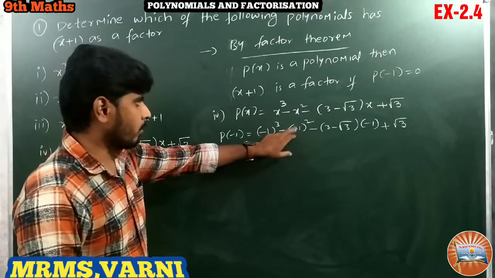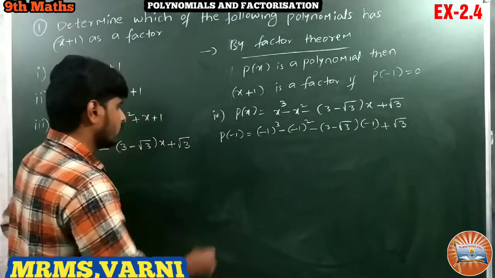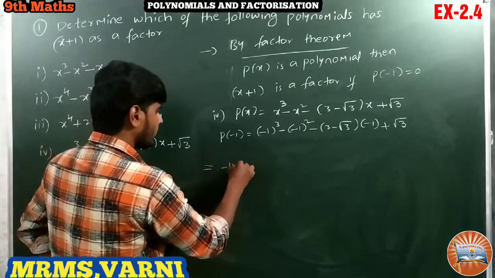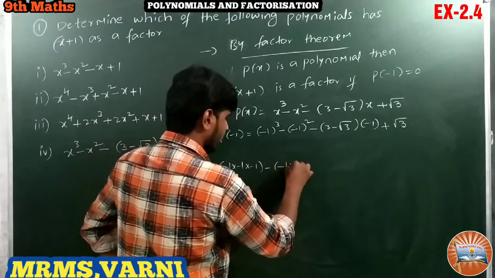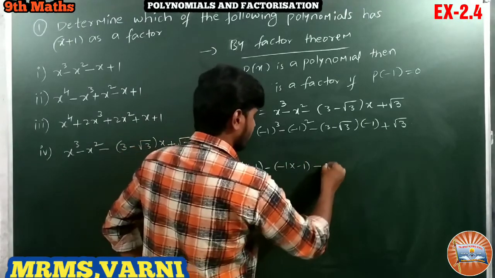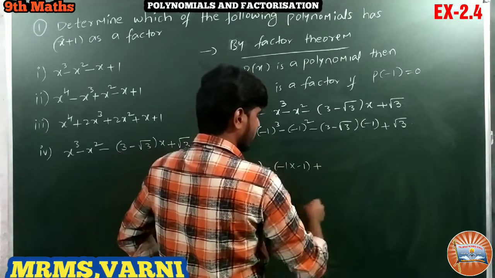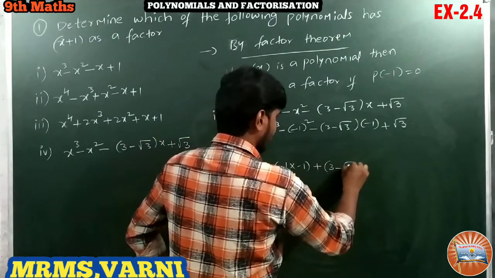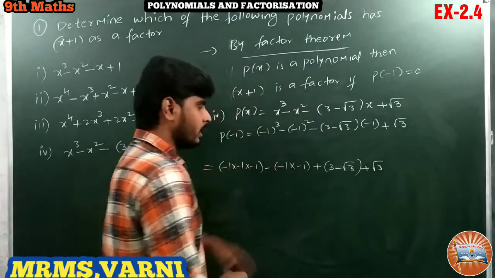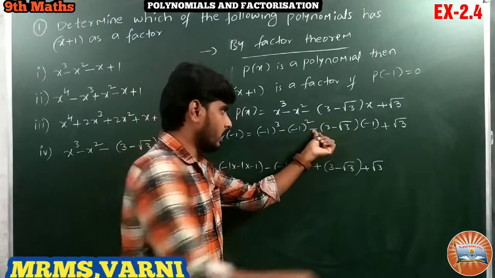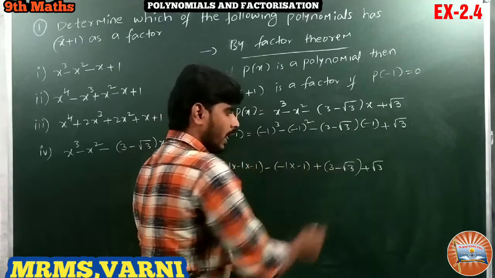Minus 1 whole cube minus of minus 1 whole square plus 3 minus root 3 minus 1 plus root 3. Very good. Next, minus 1 into minus 1 into minus 1 minus of minus 1 into minus 1 minus of, so minus into minus plus 3 minus root 3 as this plus root 3. Do we get this? So minus into minus plus 1 into 3 minus root 3 as it is.